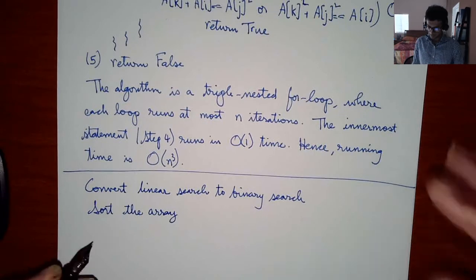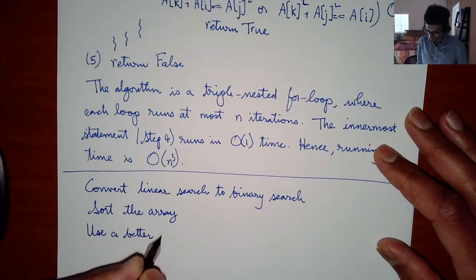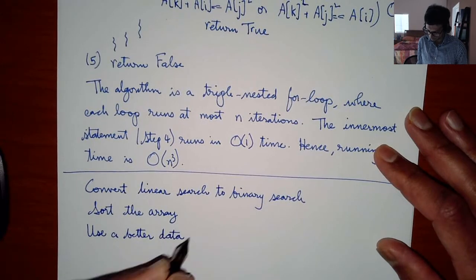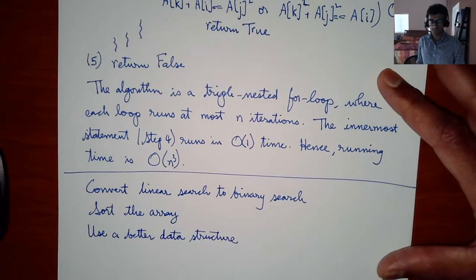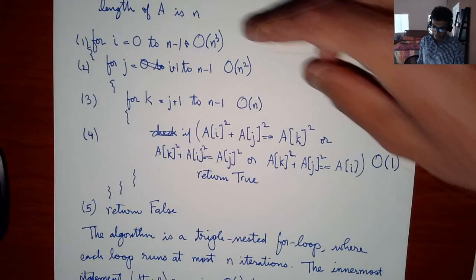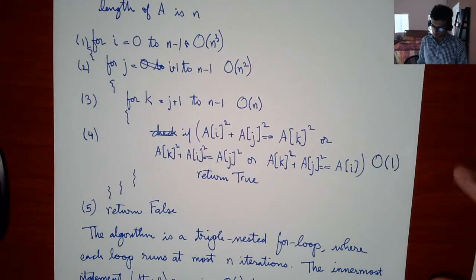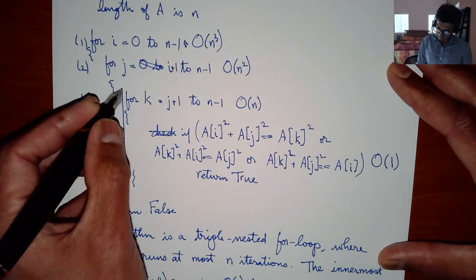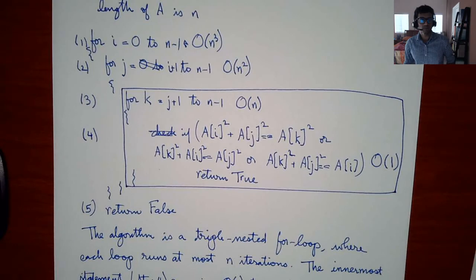I'm just listing out a bunch of things. Use a better data structure. So let's start with using each of these. There's n cubed because you have a triple nested for loop. Let me look at the innermost one. How could I improve that?